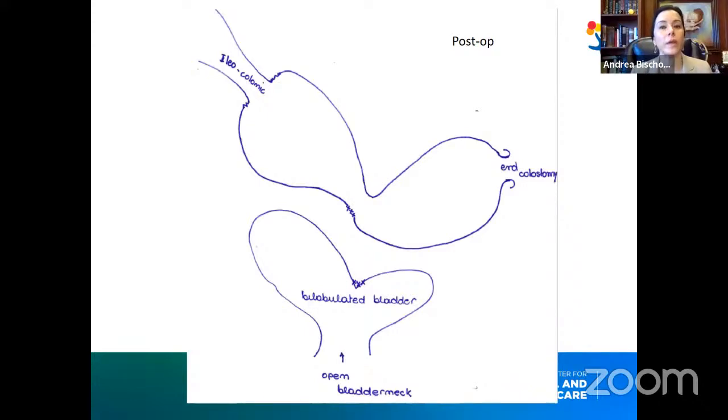And by work, I mean if it's gonna respond to bowel management or not. So the only way to know is testing it. So what we do is we do bowel management through the stoma. We inject the enema.